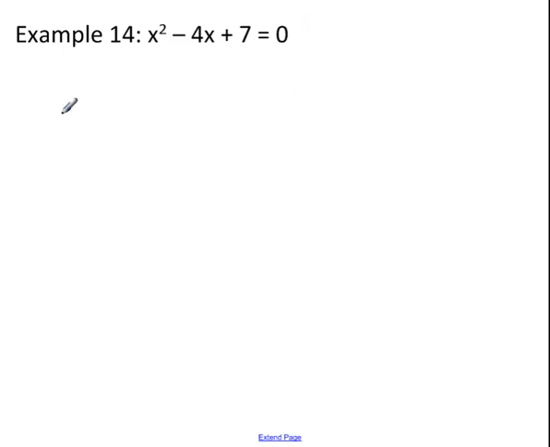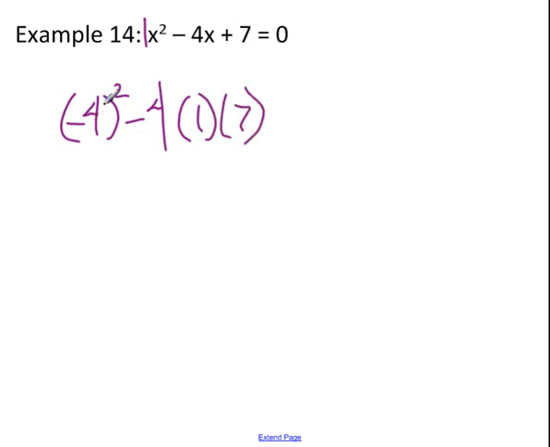Second one, negative b, or no, just b squared, I'm sorry. So used to that other formula. B squared, so negative 4 squared minus 4 times a, 1, and c, 7. So this is going to give me 16 minus 4 times 7, 28. 16 minus 28, and honestly, we know it's going to be negative.